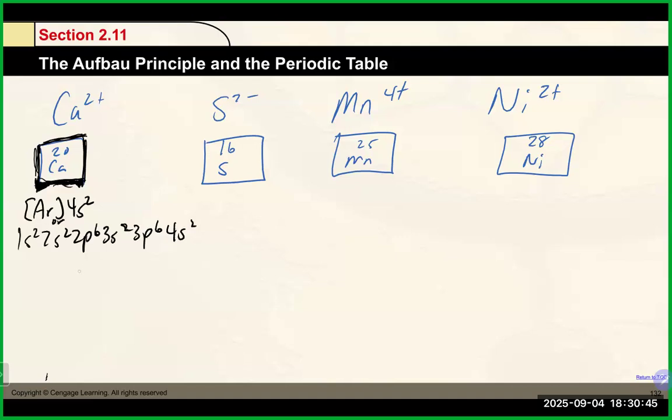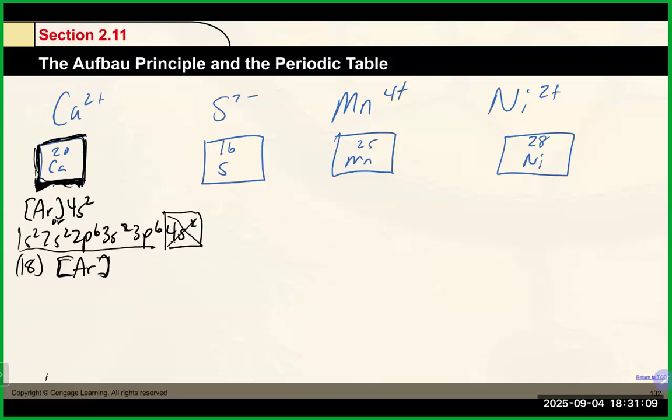Obviously here, calcium with +2 charge means it has lost 2 electrons. So that's going to drop it to 18 electrons. Once again, these are the 2 valence electrons in calcium, and those are the two that are going to get lost. That's going to leave us this configuration right there, which is basically argon's configuration.